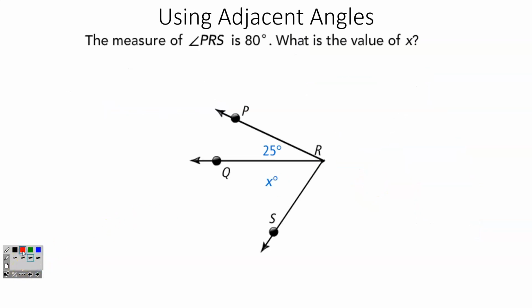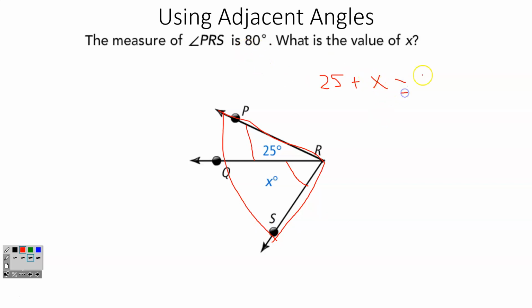So if I'm given this problem, I have this angle, which is 25. I have this angle, which is x. So remember, we're adding because they're right next to each other. And up here at the top, it says the measure of PRS, which is this big angle right here, is 80 degrees.